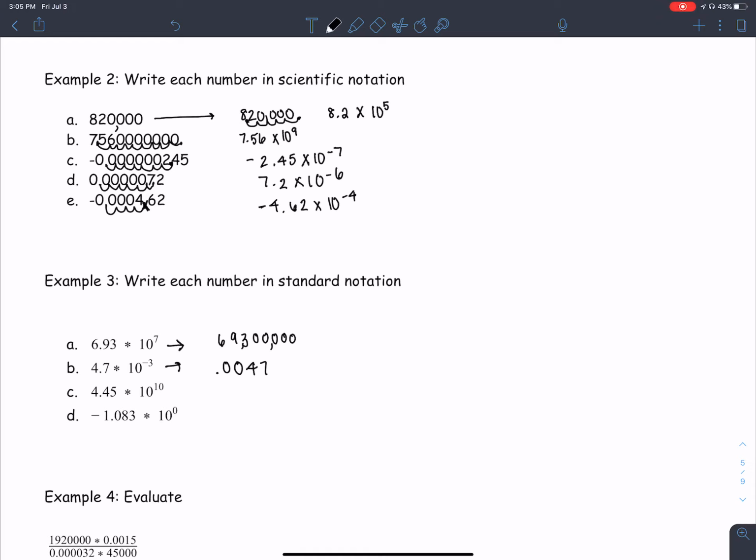I usually put the decimal, count zeros, and then this is the last number. All right. To the 10th. 1, 2, 3, 4, 5, 6, 7, 8, 9, 10. To the 0. Remember, anything to the 0 is 1, so we're just multiplying by 1, so it's just itself.